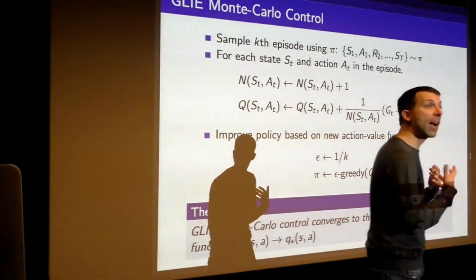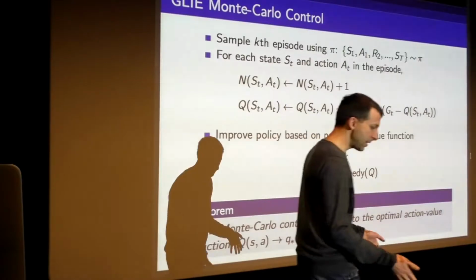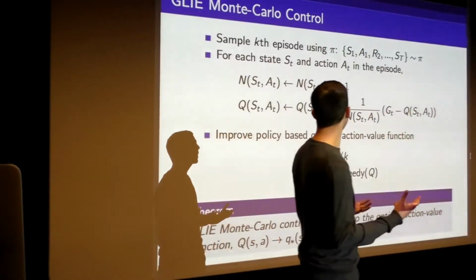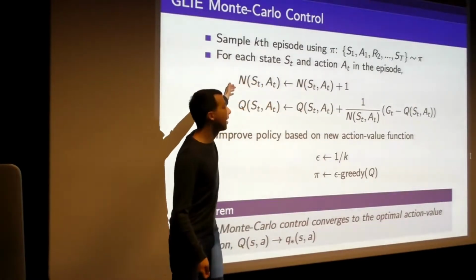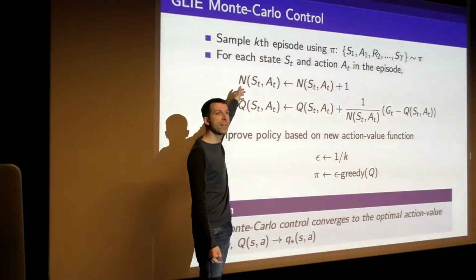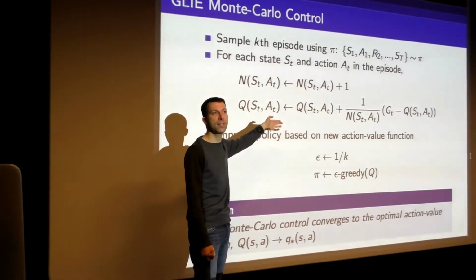We sample that from our current policy, pi, and then for each state and action that I visited, so I got to this state and I picked this particular action, we update our action value. We do that by counting how many times we've seen that state-action pair and doing an incremental update to the mean.